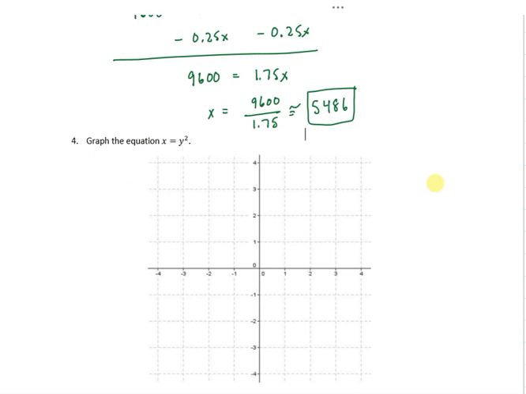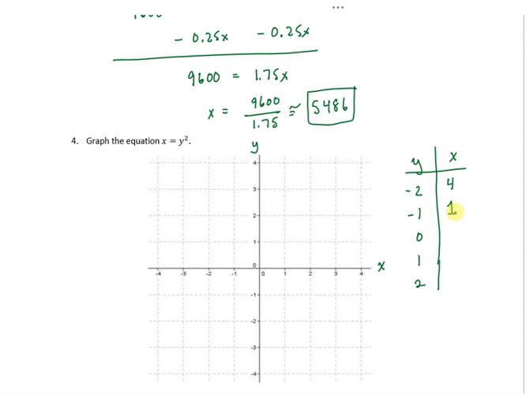Okay, graph the equation x equals y squared. What I'm going to do here is, it looks like x depends on y, so I'm going to put in some y values and get some x values. So here's my x-axis and here's my y-axis. When y is negative 2, y squared is 4.